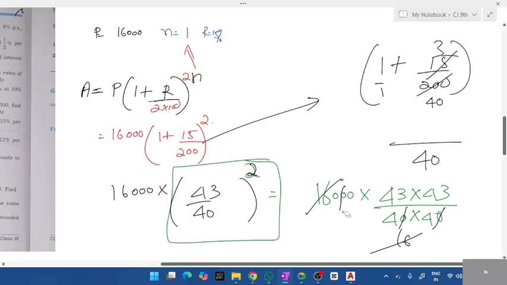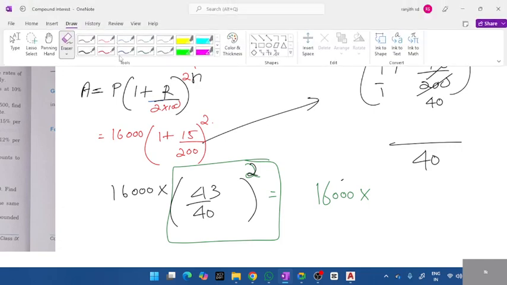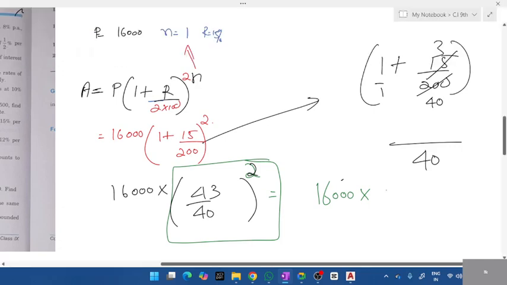If not, multiply 43 into 43. What is 43 into 43? 1849.